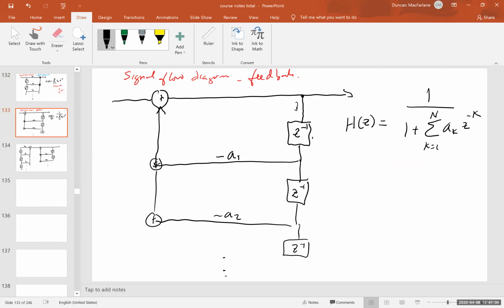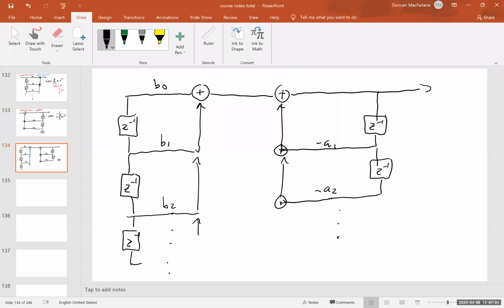I've got the denominator. Put them together. And this is every single filter that's out there.